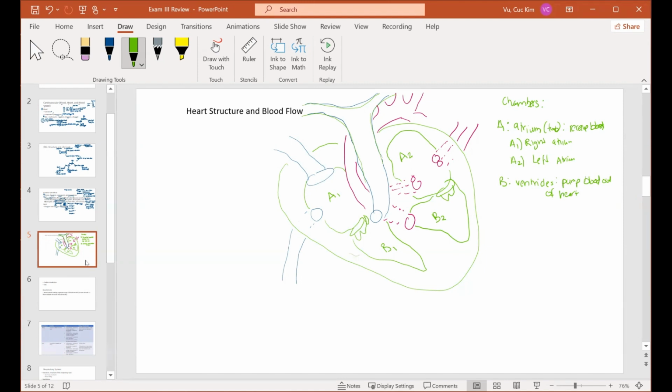And that's why all of this space right here, this is all muscle, because the ventricles have to pump the blood out of the heart, okay? So I have B1 and B2, and it's the same thing, right? B1 is going to be the right ventricle, and B2 is going to be the left ventricle, okay? The next one that we're going to do are the blood vessels.